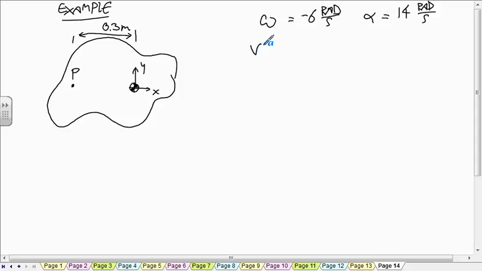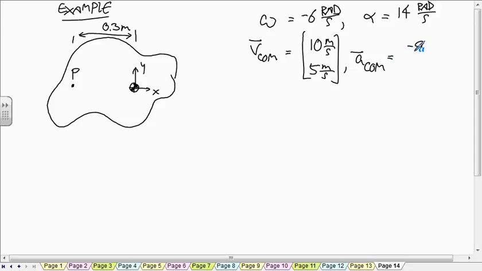And let's say that we know that the velocity of the center of mass is 10.5, and the acceleration of the center of mass is -8.4. And we want to know what's the velocity of that point P and what's the acceleration vector of that point P.